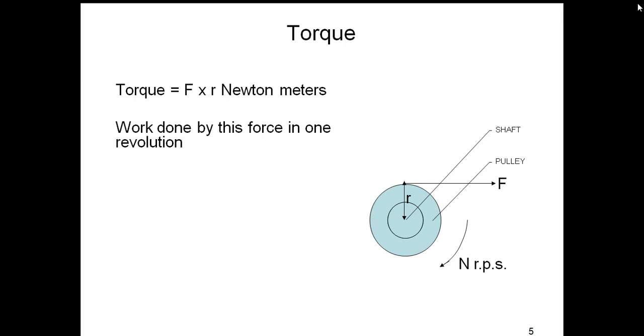And if we write the work done by this force in one revolution, we get F into 2 pi R joules, nothing but force into distance.